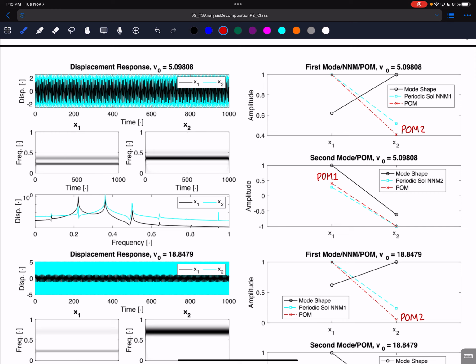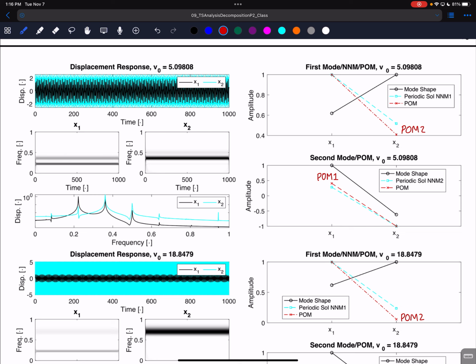I'll just simply say here, at this energy level, the palm with the highest energy, which is our first palm, is actually more representative of the second mode rather than the first mode. So the palms are organized by the amount of energy that they capture or represent, with the one with the highest energy, regardless of what mode shape it's similar to, being the first one. Whereas, of course, nonlinear normal modes or linear normal mode shapes are organized based on frequencies.